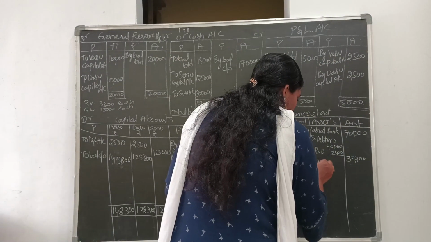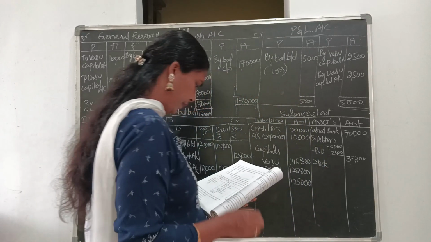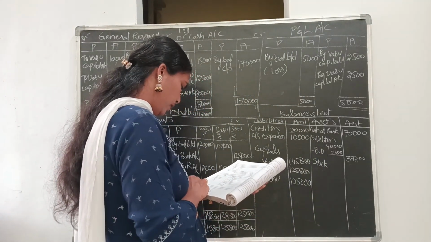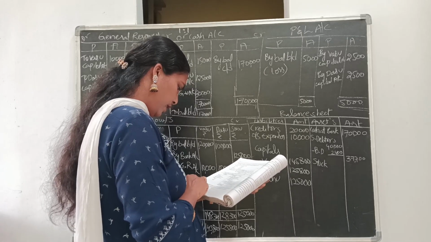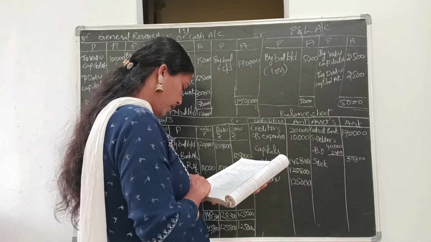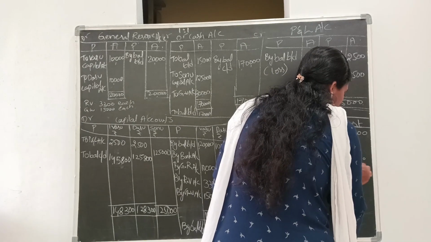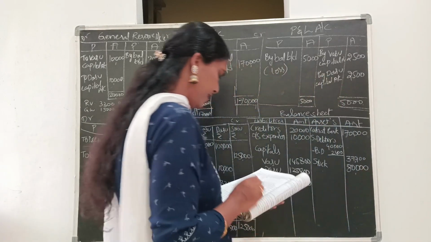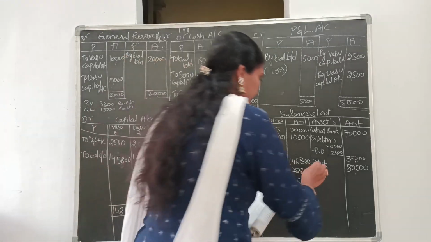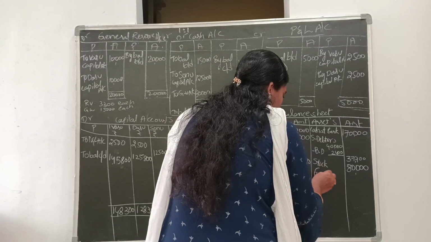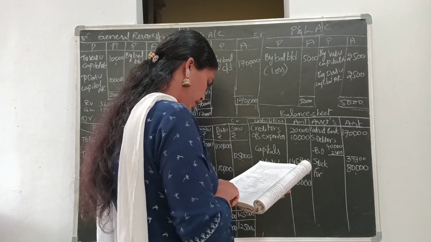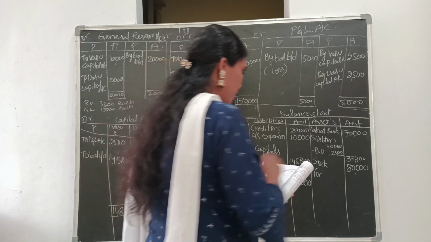Then coming to stock. Stock value is 80,000. There is no adjustment. So write down 80,000. Next, furniture. There is no adjustment.